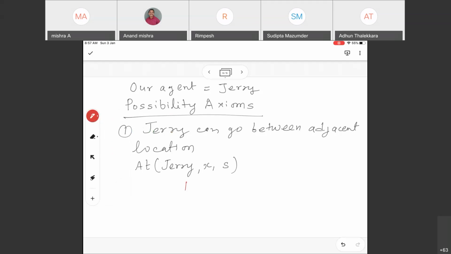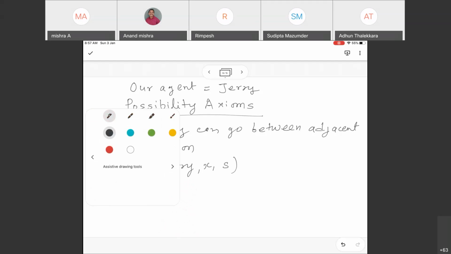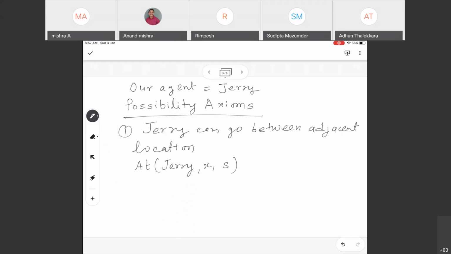The other thing is you need to know what is adjacent, so you need to know what you mean by adjacent.